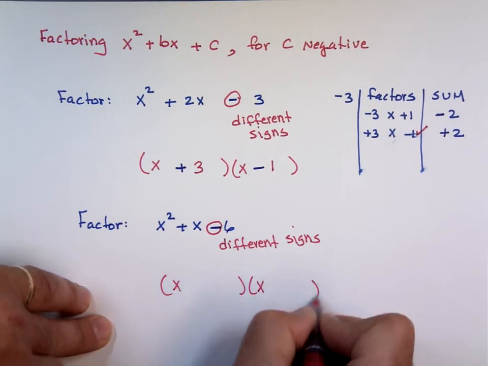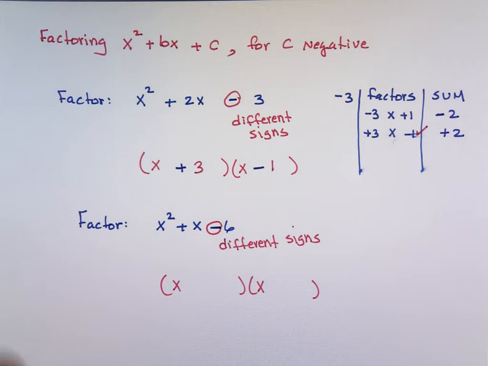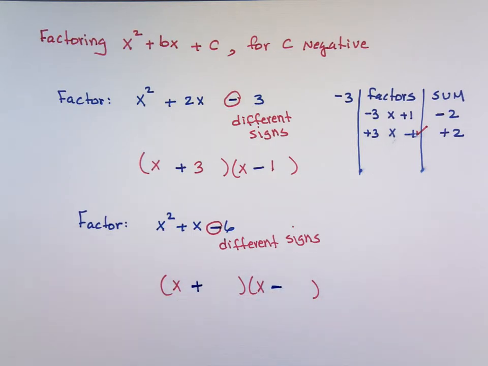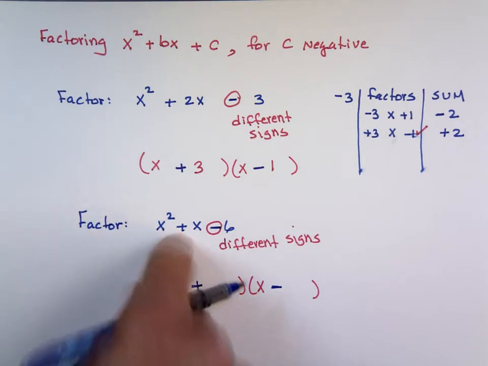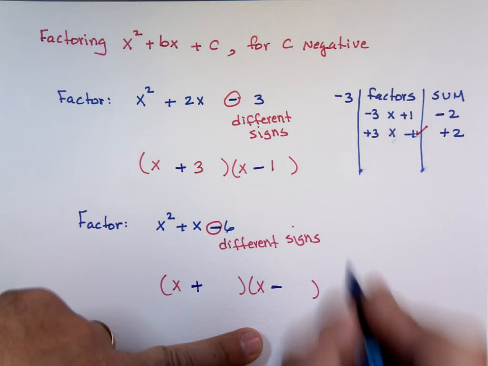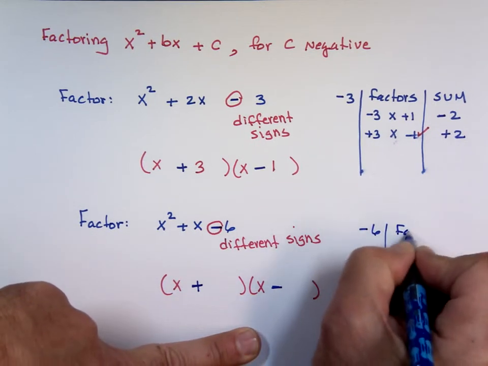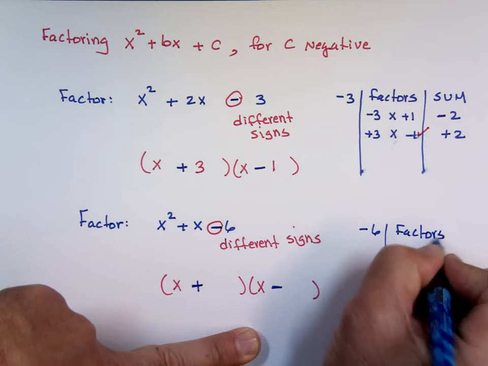So one is positive, one is negative. Doesn't matter what that sign is. Negative 6, the factors, and the sum.